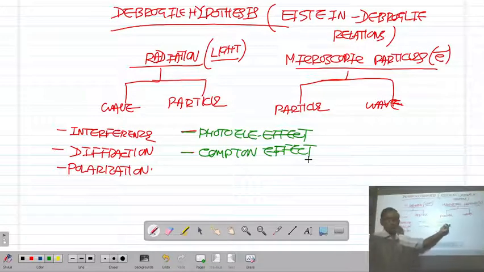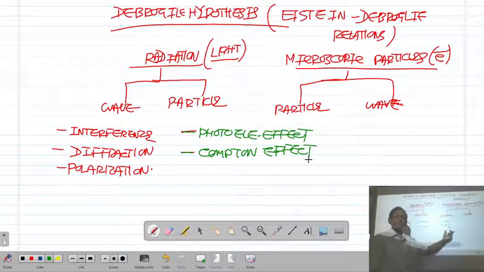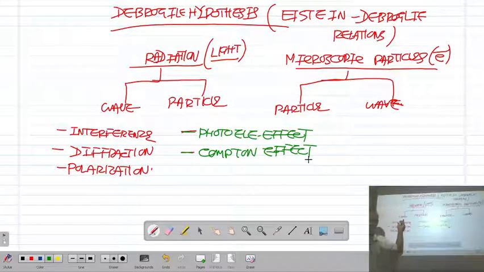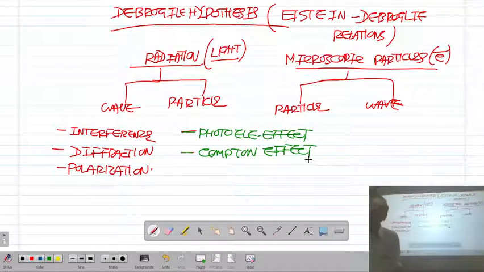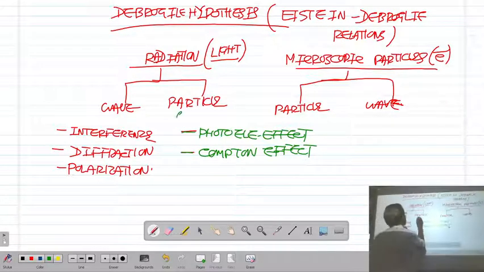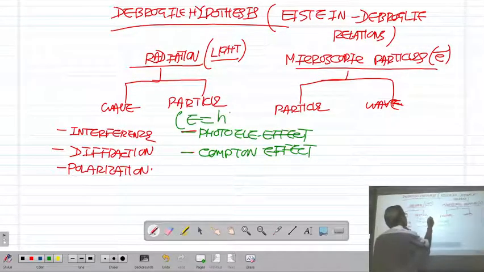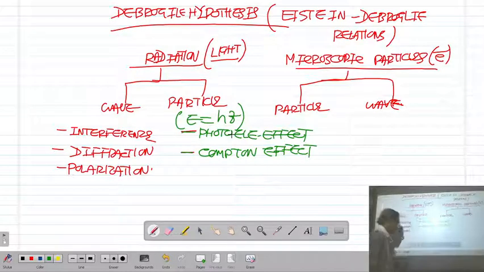That phenomenon is called the photoelectric effect. The photoelectric effect and Compton effect cannot be explained on the wave nature of light. So to explain them, we have to consider the particle nature of light, the photon nature of light. The energy of the photon is hf or hv, right?